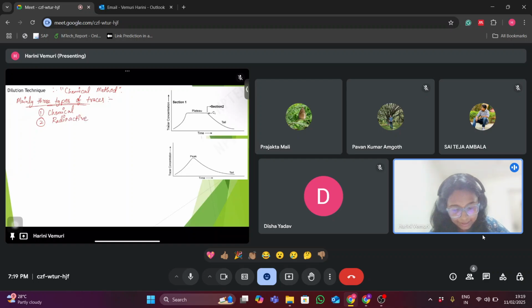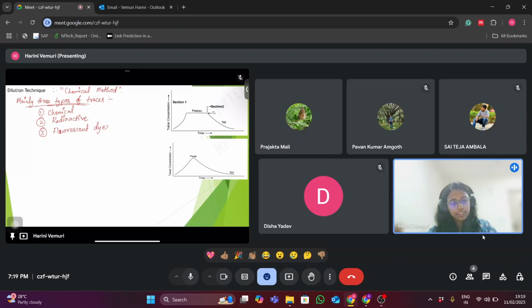For example, bromine 82, sodium 24, iodine 132. So these are also some type of tracers. And finally, we have fluorescent dyes. So, rhodamine, water tracer, and sulfur rhodamine are examples for this. They have a color to it. So, based on the color, we can judge the concentration of it.